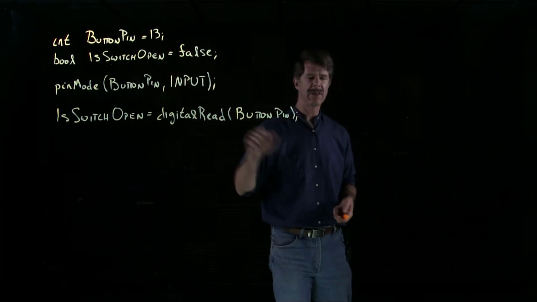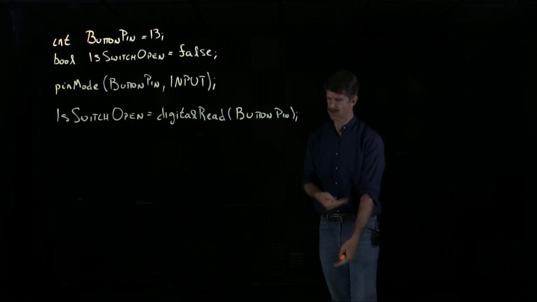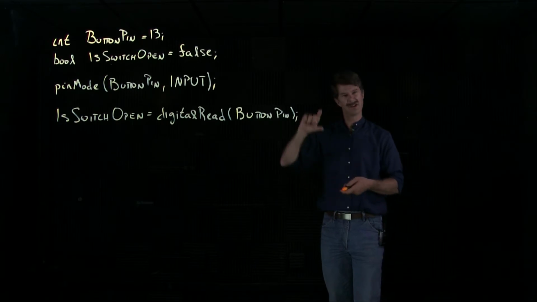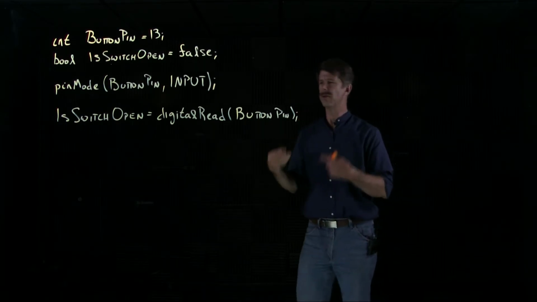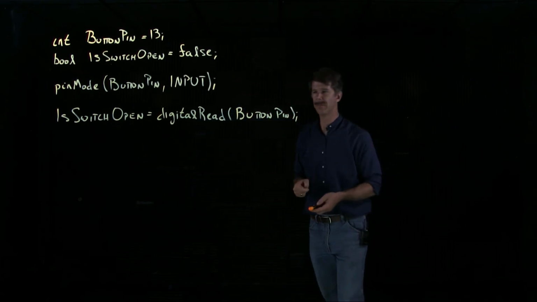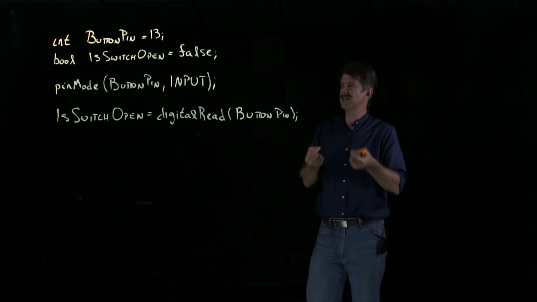It reads that pin to find out if it's low or high, and it rounds those voltages off. If it's sort of low, it returns a 0, a false. And if it's sort of high, it returns a 1 or a true, and it returns that into this Boolean variable. So this would be the absolute minimal digital sensor, if you will.